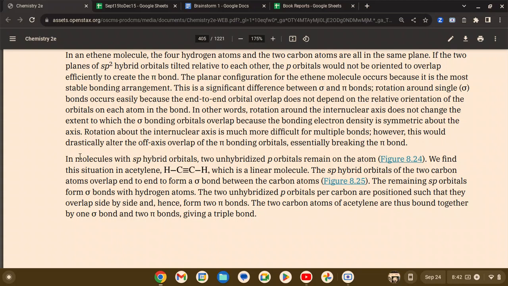In other words, rotation around the internuclear axis does not change the extent to which the sigma bond orbitals overlap because the bonding electron density is symmetric about the axis. Rotation about the internuclear axis is much more difficult for multiple bonds, however. This would drastically alter the off-axis overlap in the pi bonding orbitals, essentially breaking the pi bond.